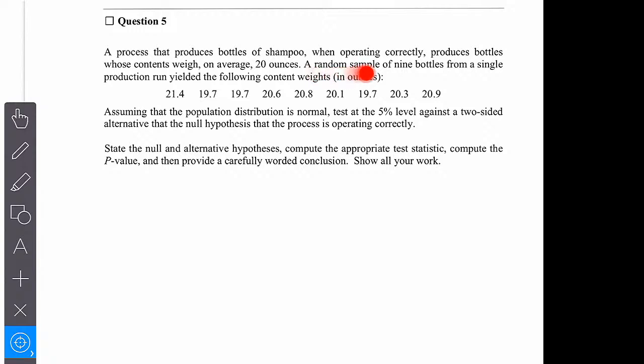A random sample of 9 bottles from a single production run yielded the following content weights in ounces.